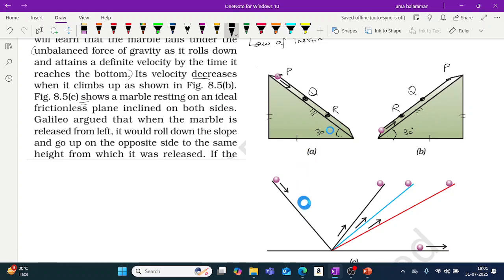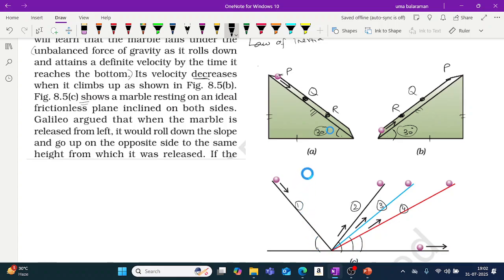So now he has taken non-identical inclined planes. Look at inclined plane number 1, number 2, number 3, number 4. Are they identical? Here they are all 30 degrees. Here this angle is different, this angle is different, this angle is different.